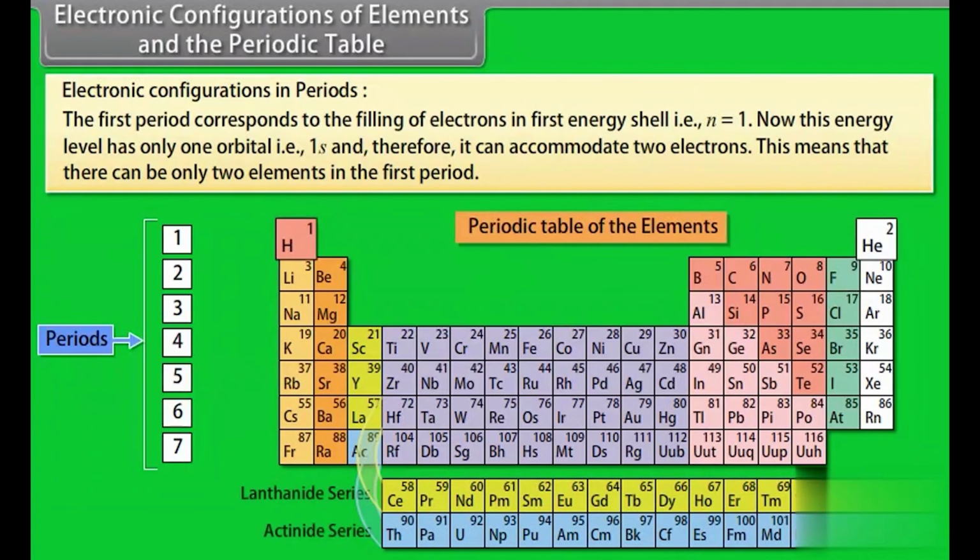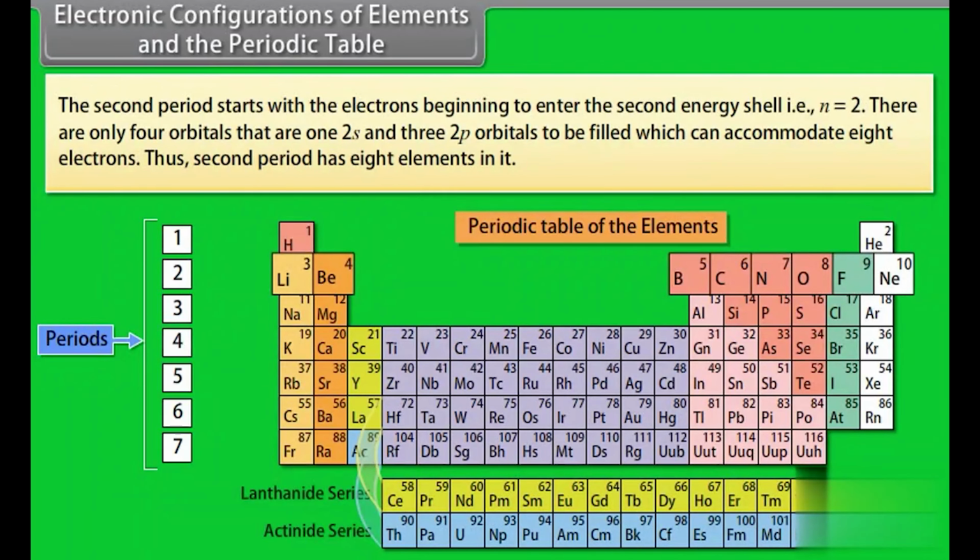The first period corresponds to the filling of electrons in the first energy shell, that is, n is equal to 1. This energy level has only one orbital, that is 1s, and therefore it can accommodate 2 electrons. This means that there can be only 2 elements in the first period.